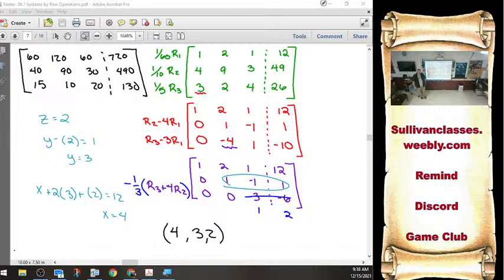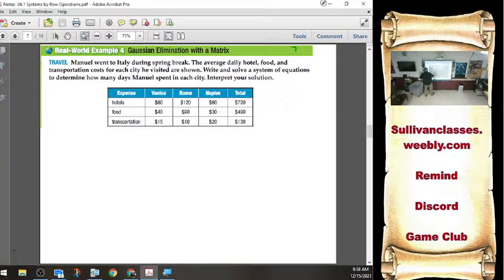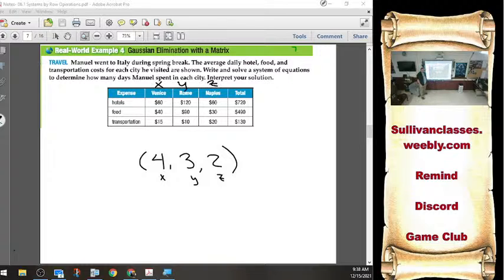But look at how quick it was, though. Reduce, bam. Okay. Go all the way back to, what does this mean? What does that mean? 432. Isn't this X, Y, Z? But what were X, Y, and Z in the problem?